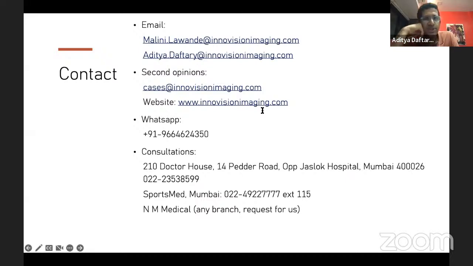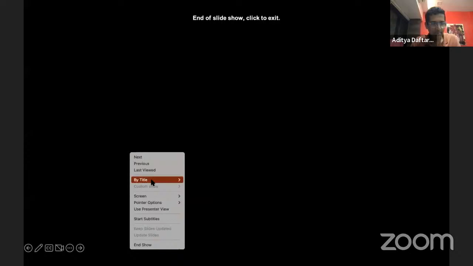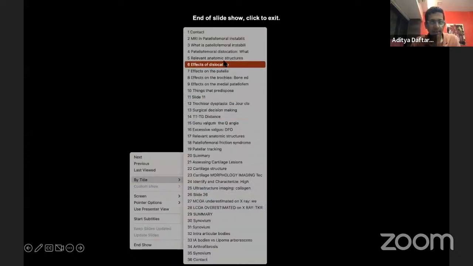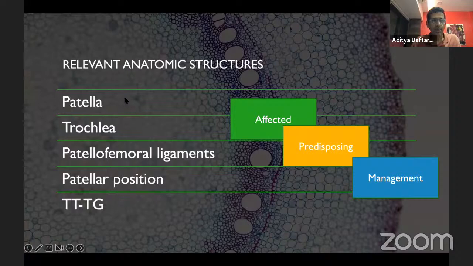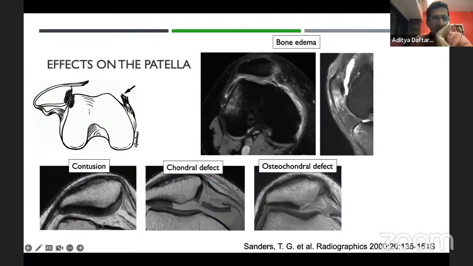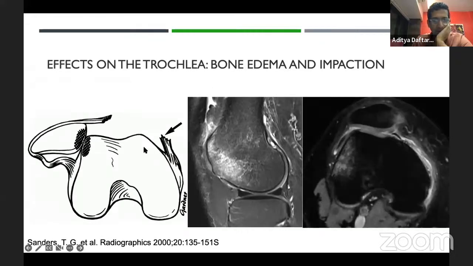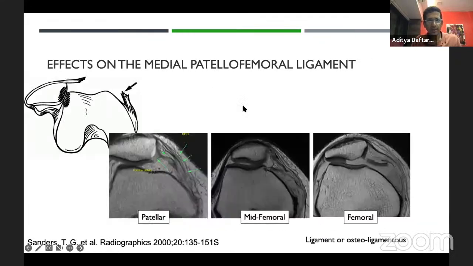So there's a question here which is not clear about MPFL origin and insertion in sequence. So let me just go back to that image. So if we look at these structures here, these strands that you see over here, these are the MPFL.